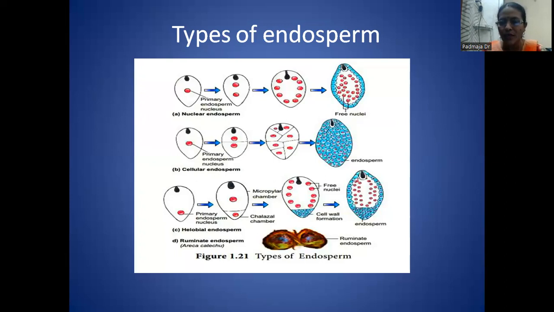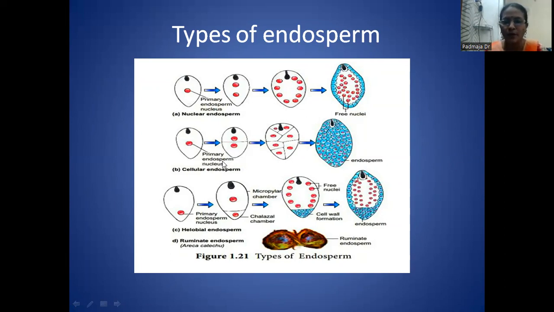This nucleus undergoes mitotic division, and a number of free nuclear divisions. As a result, all the nuclei are present in the embryo sac, so it is considered the nuclear type of endosperm. Later the wall formation will be seen, but first we see the division of the nucleus. This type of endosperm we see in Cocos nucifera.